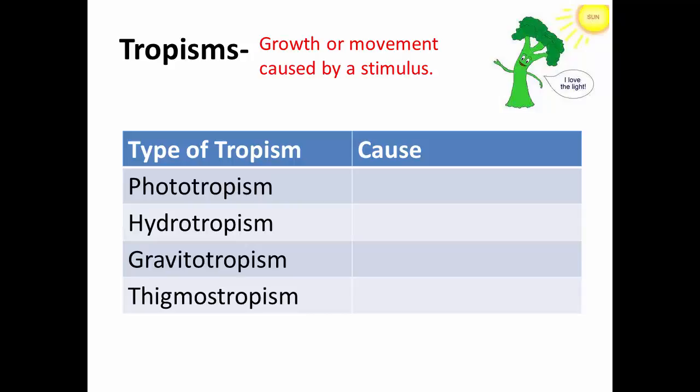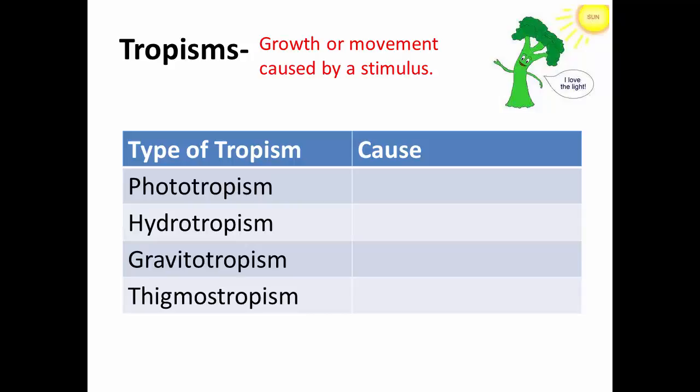Phototropism. Phototropism is when a plant grows a certain way, responding to what? What do you think it means? Photo. Like a photograph? What's the photo part come from? Photosynthesis? Means it has to do with?